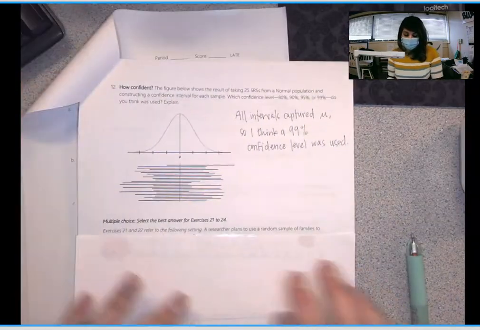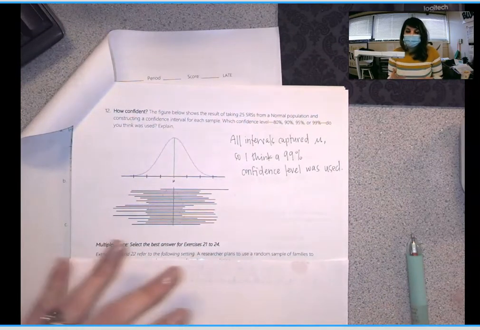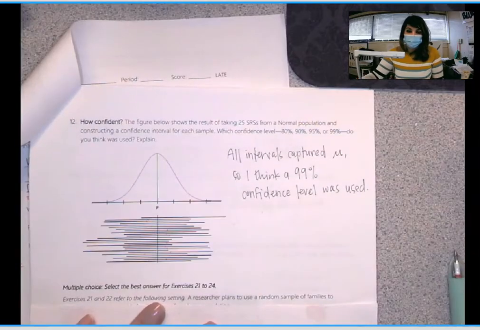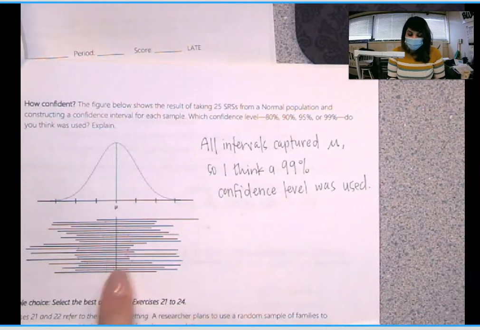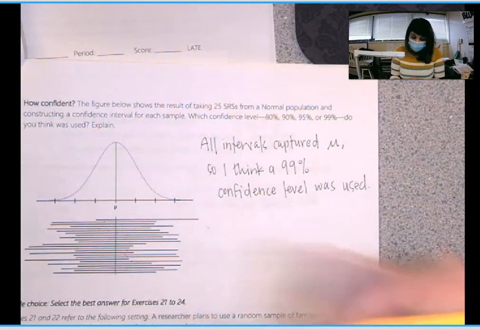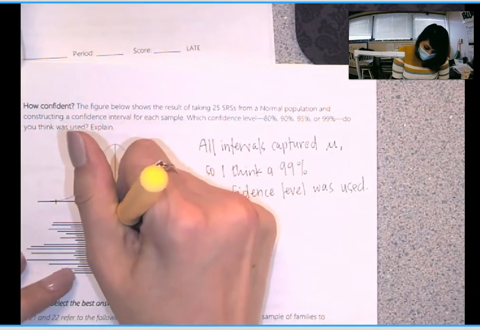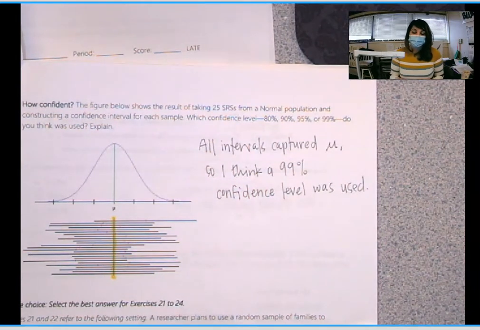Number 12 wants us to look at the confidence intervals that were created and state what confidence level we think was used. In this case, all of my intervals captured true mu. If I highlight my true mu, it goes through every single confidence interval.